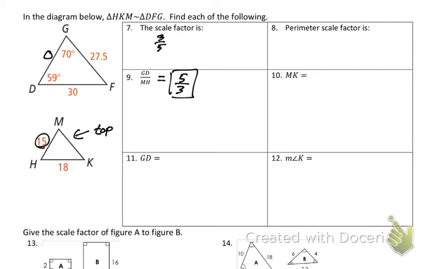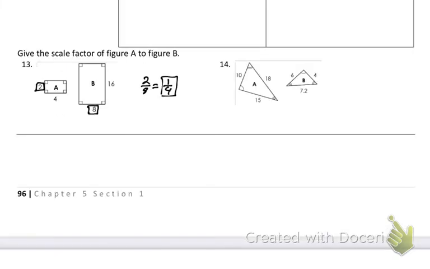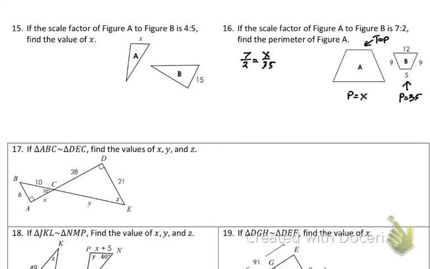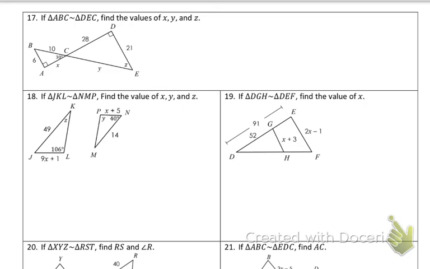All right, anything else? Yeah, 17. Did you have this done? I finished it right now. Oh, okay, right now? Yeah.